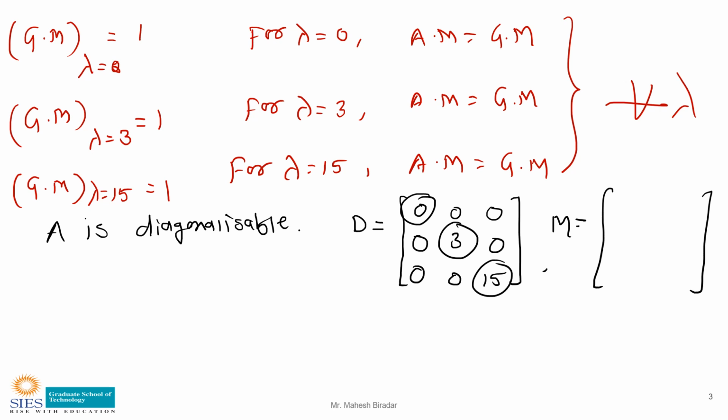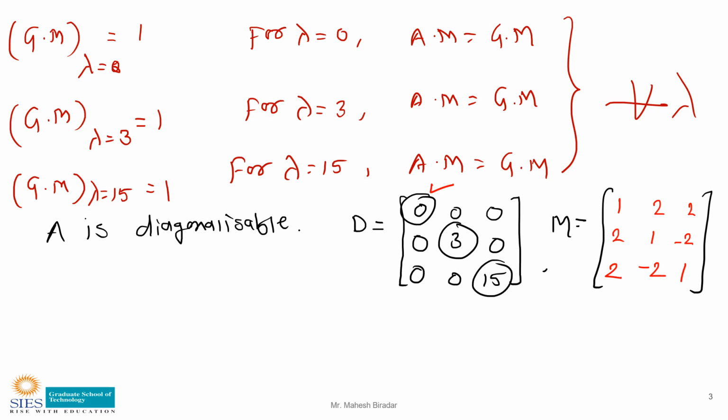We have seen for lambda equal to 0, the eigenvector associated is 1, 2 and 2. Similarly, for lambda equal to 3, the eigenvector is 2, 1 and minus 2. And for lambda equal to 15, the eigenvector is 2, minus 2 and 1.